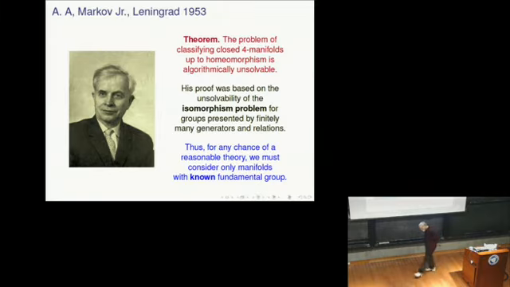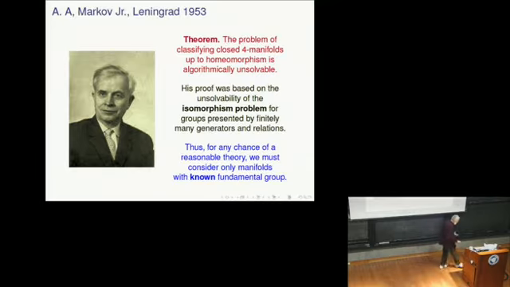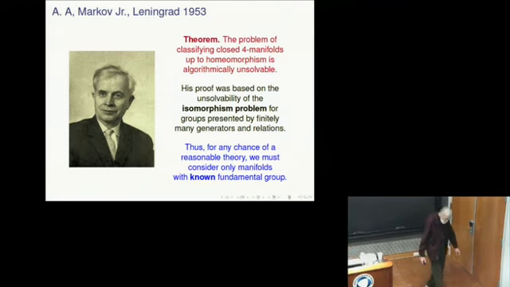There's no hope of having a general theorem of the kind we have for three-manifolds, where you don't have to worry about the fundamental group in some sense. That is, the fundamental groups of three-manifolds are somehow tightly restricted so that you don't run into this problem, but for four-manifolds there are no restrictions.